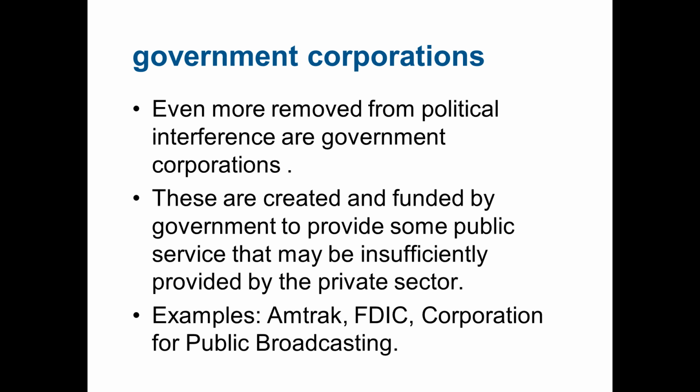So, for example, Amtrak. This is, as you all probably know, a corporation that provides long-distance train passenger travel throughout the United States. It's not a particularly lucrative market in the private sector, so there's not really much commercial viability for it.